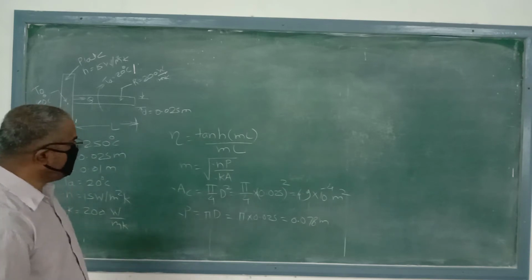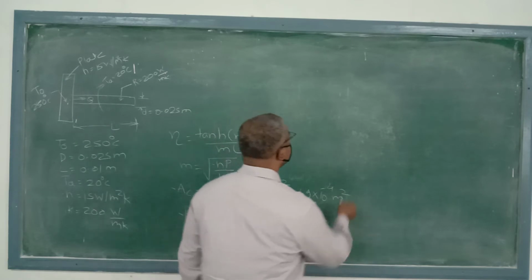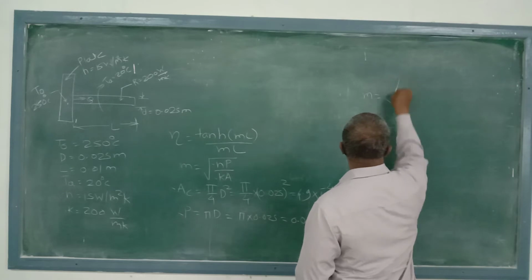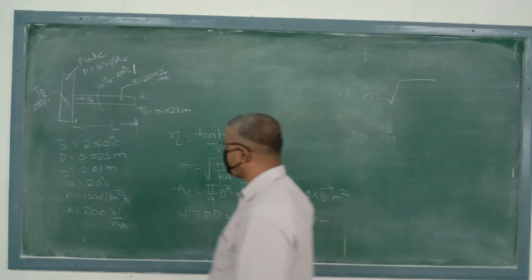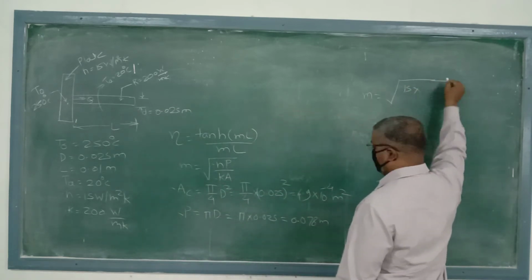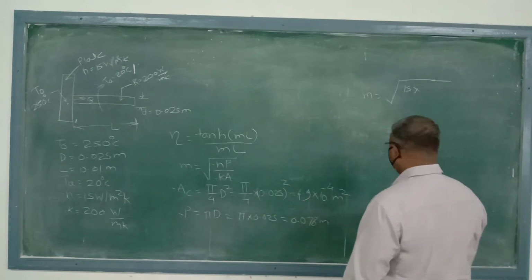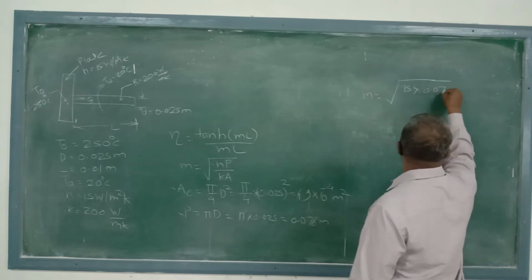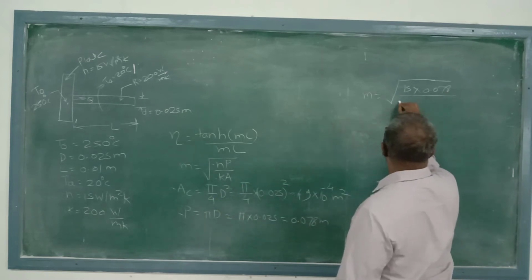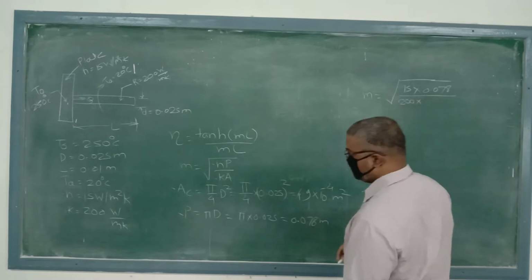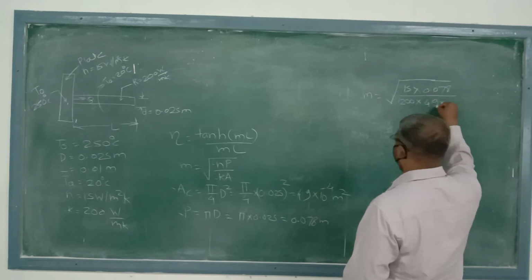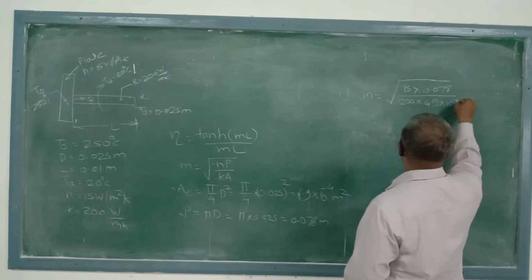It is easy to find the value of m. So we are going to substitute the values. m is equal to under root h 15 into perimeter 0.078 upon k 200 into cross section area 4.9 into 10 raised to minus 4.